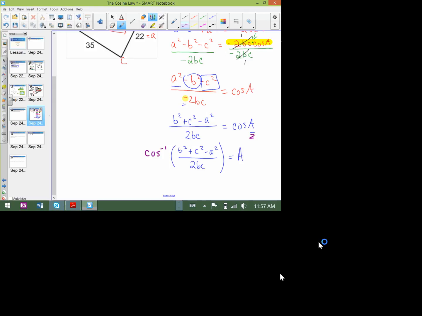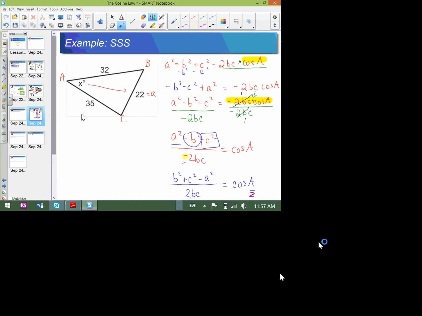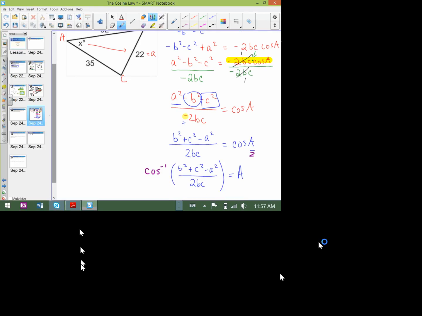Anytime you're thinking SSS, this particular formula down here is exactly what you need to be using to save yourself a lot of precious time in rearranging the formula. So let's try that out.